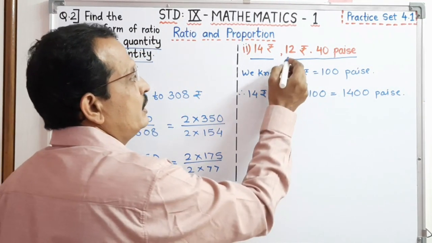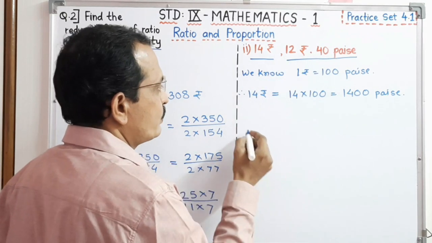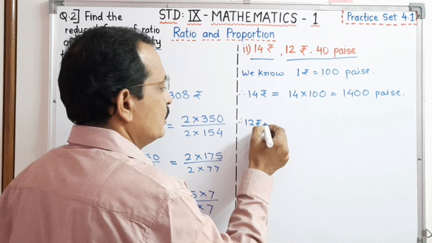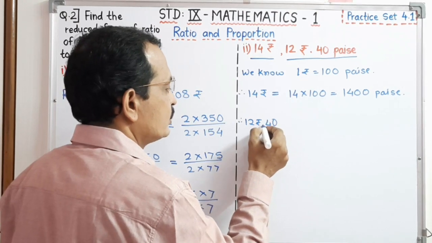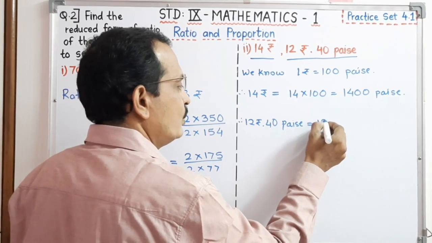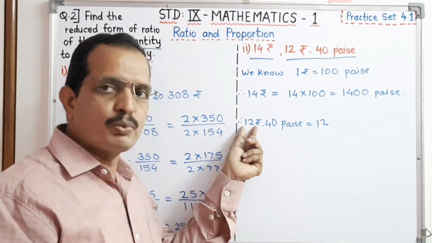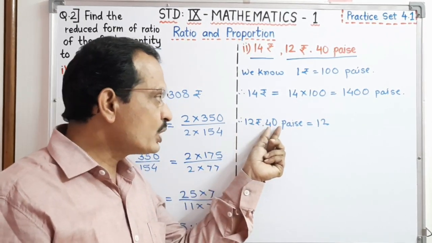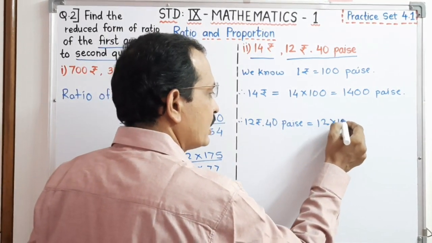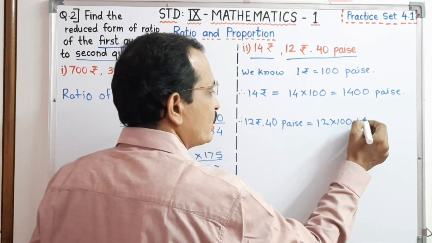Now similarly this 12 rupees 40 paise we have to convert. Therefore 12 rupees 40 paise is equal to, we have to convert this 12 rupees into paise, and this 40 paise we have to add to that. Therefore 12 into 100 plus this 40 paise.